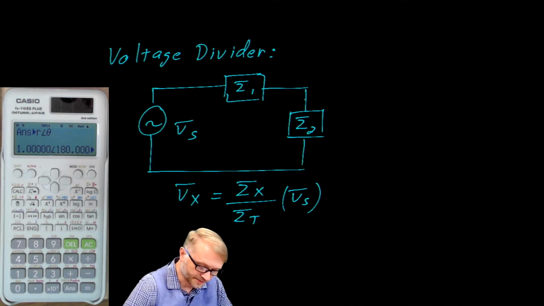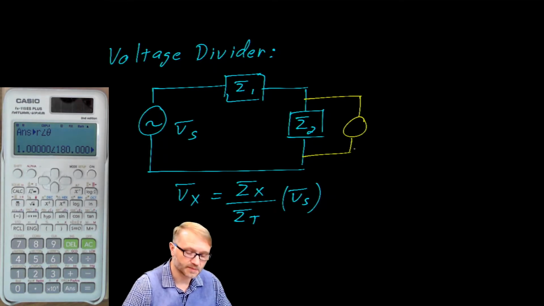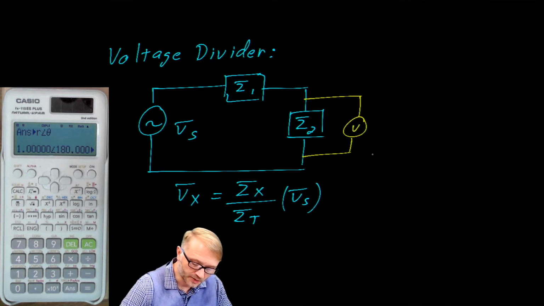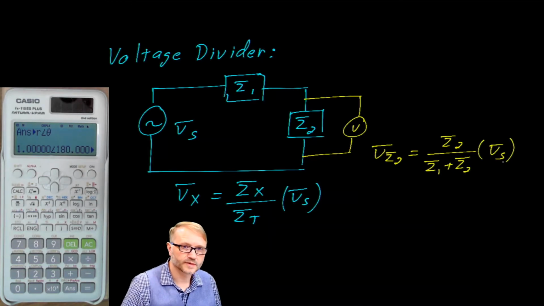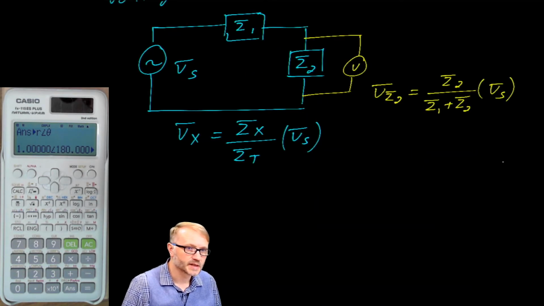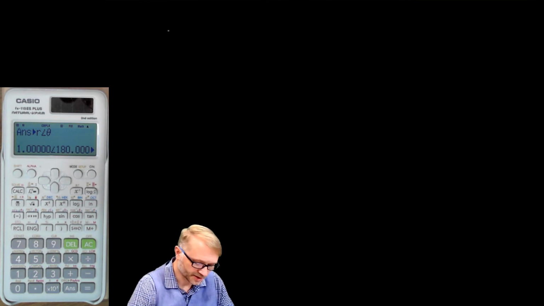For example, if you wanted to know the voltage as measured across impedance 2, you would calculate that as the voltage on impedance 2 is equal to impedance 2 over, in this particular case, impedance 1 plus impedance 2, by the source vector. We'll go over an example or two in a couple minutes, but before we do, I wanted to introduce the current divider.